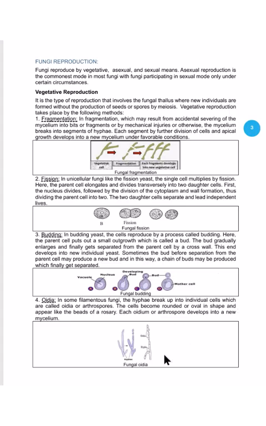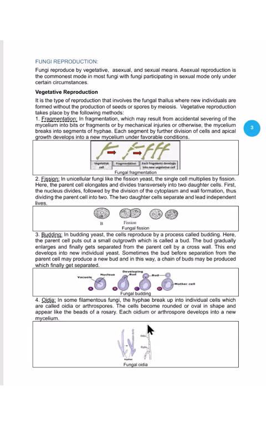The fourth method, the oidia, happens in the filamentous fungi that have hyphae. The hyphae break up into individual cells called oidia or arthrospores, and this happens in the septate hyphae.